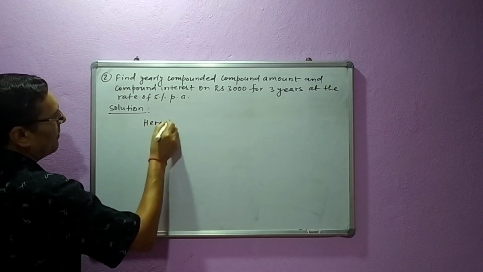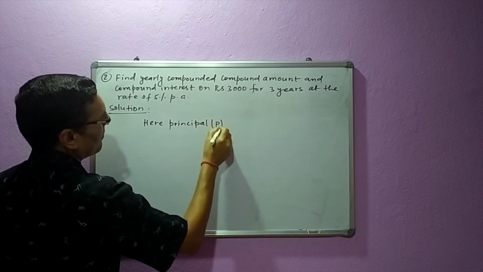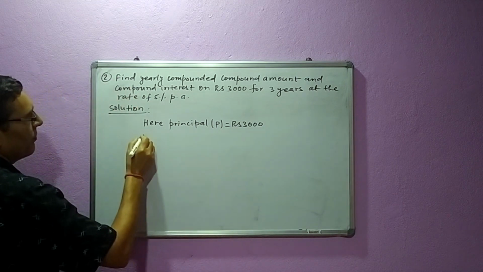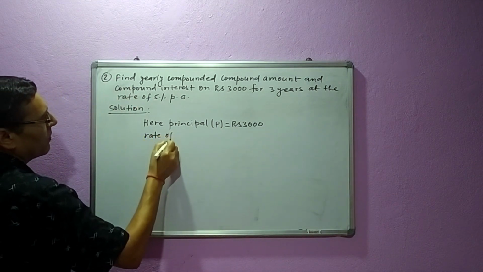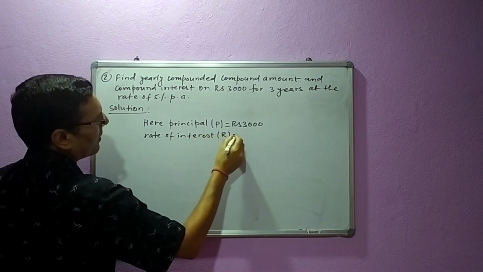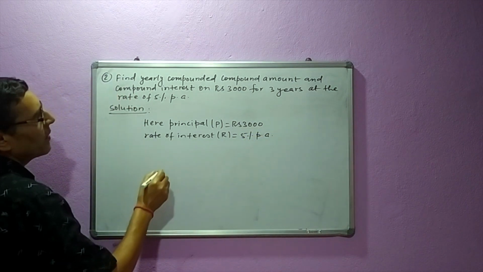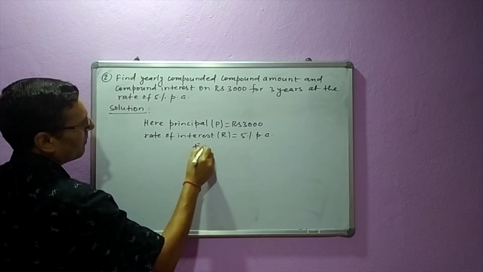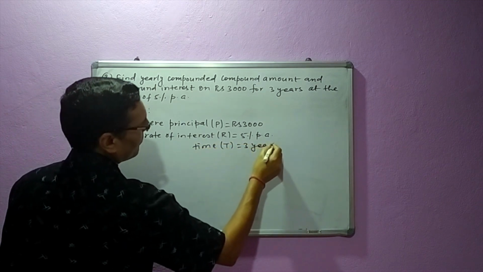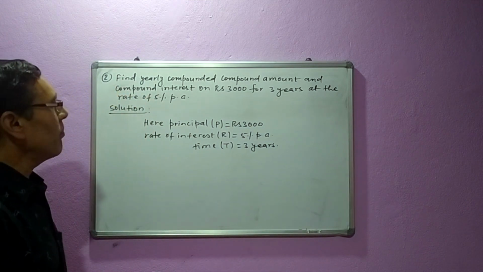So here principal P is rupees 3,000, rate of interest R is equal to 5% per annum and time T is equal to 3 years. Here we are finding the compound amount and compound interest for yearly compounding.